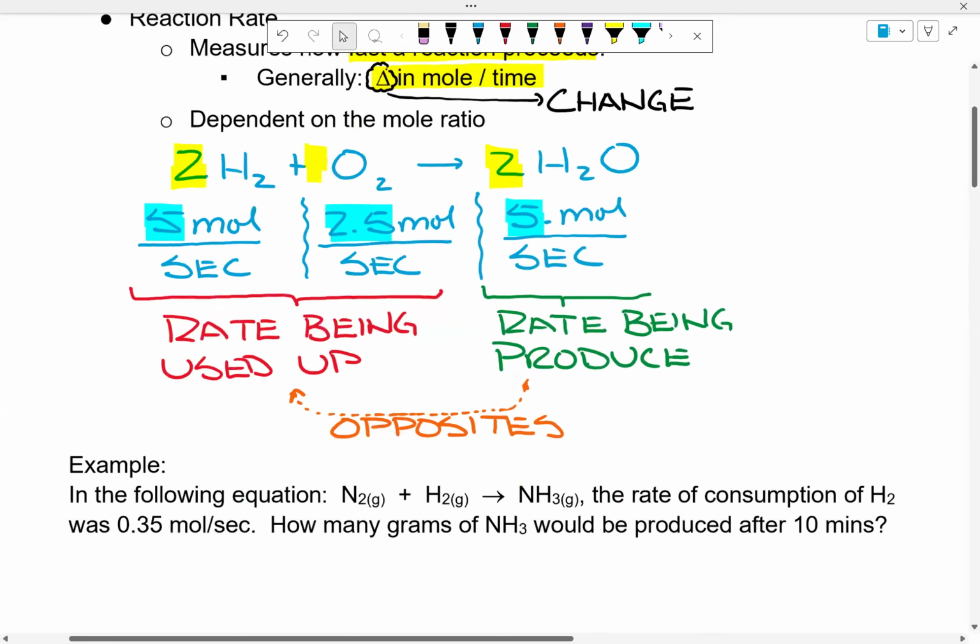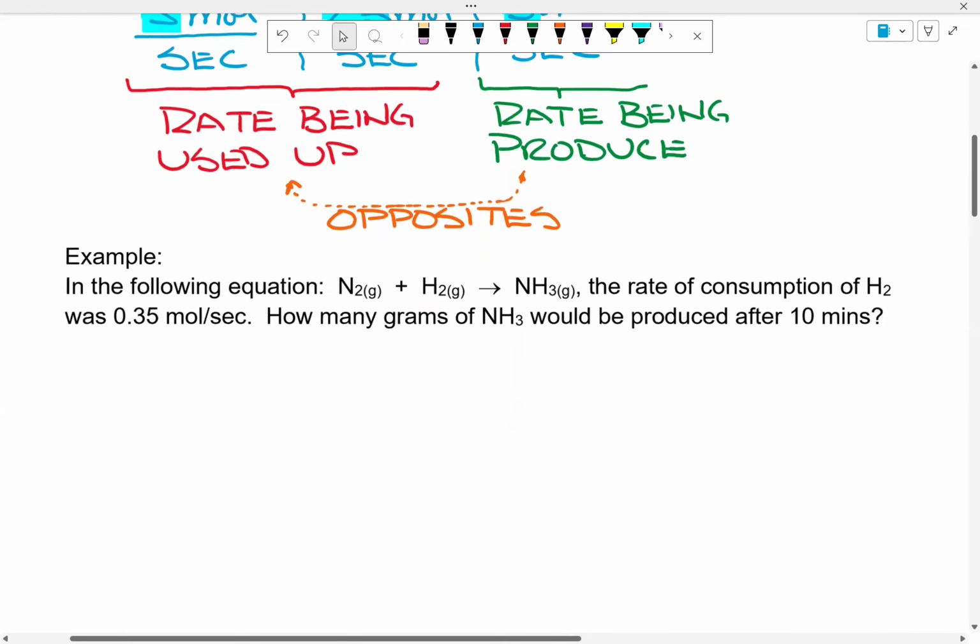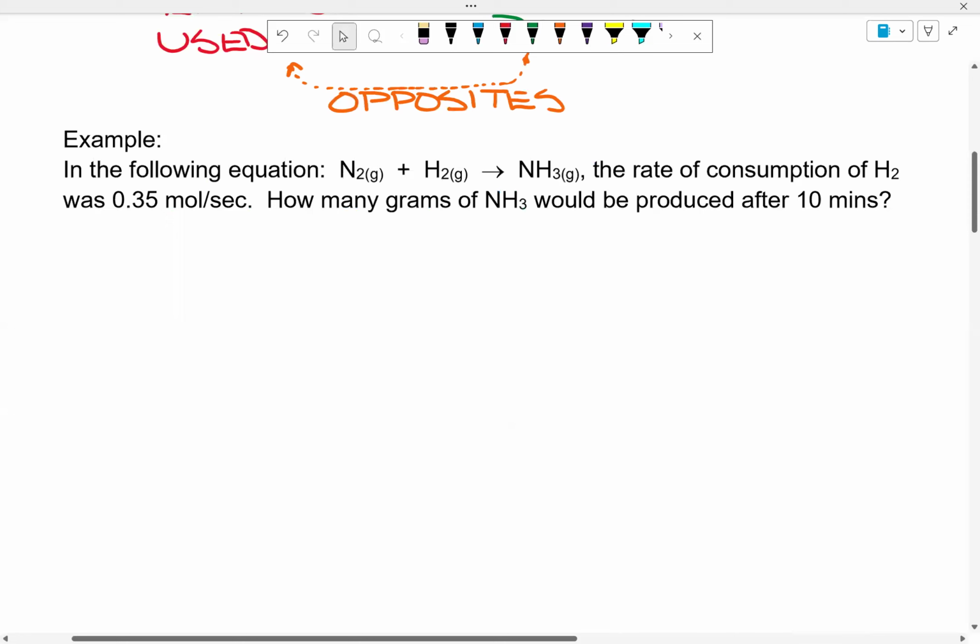Now, let me give you an example of a question that you might see as a typical homework question. It says, in the following equation, the rate of consumption of H2 was 0.35 moles per second. How many grams of NH3 would you produce? The first thing you would do is write out your balanced equation.